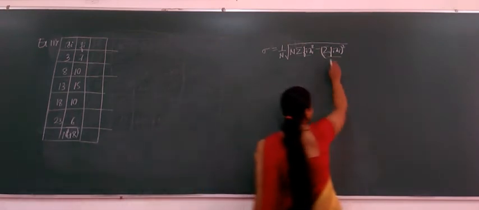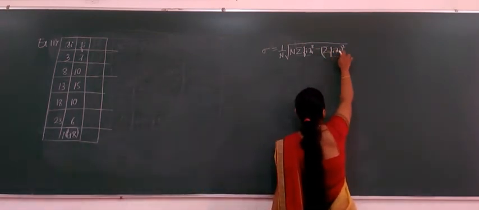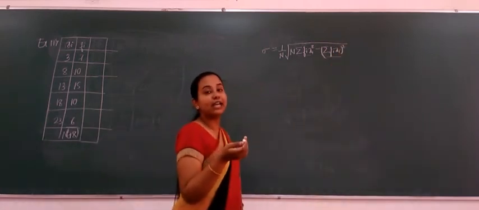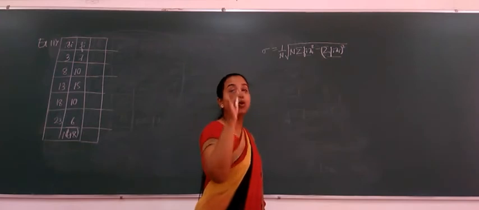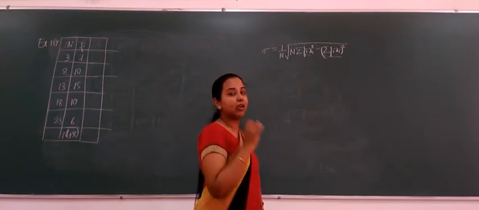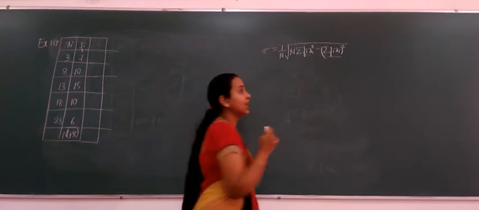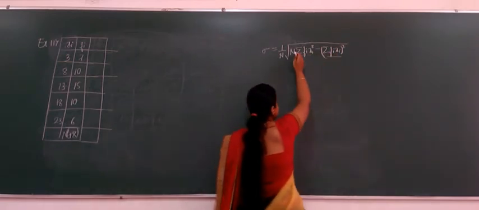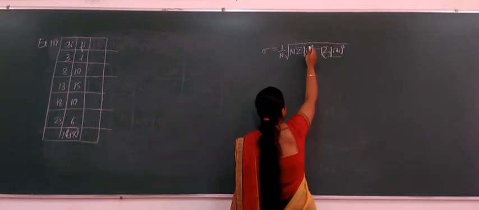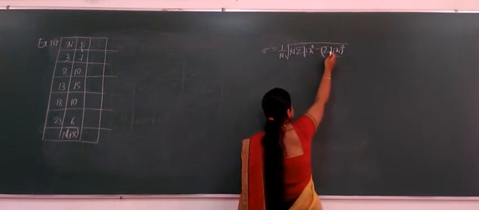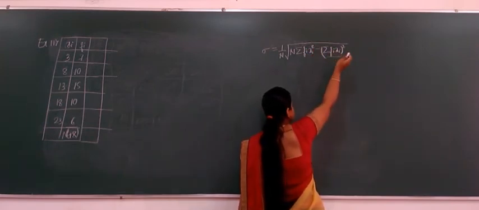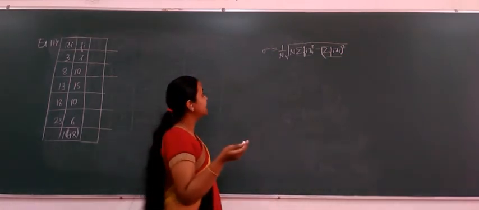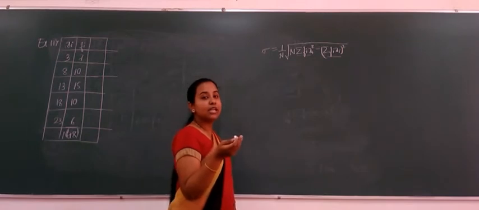Whereas this one is the sum of fi into xi, the complete sum, whole square. Please take care here.